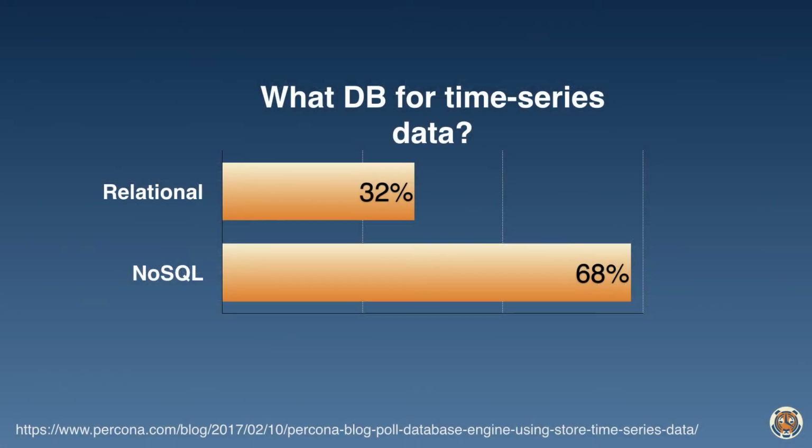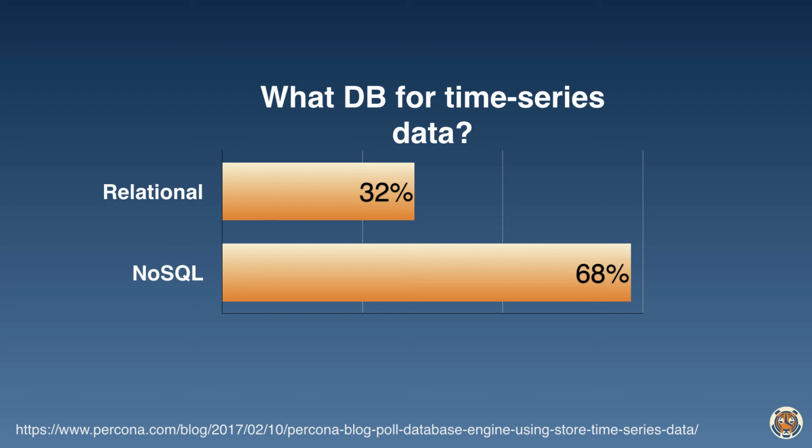Today, people are storing this type of data and processing and analyzing it mainly in two different types of systems. One is a traditional relational database, and one is a NoSQL database, where about 70% of people use NoSQL and about 30% use relational databases.